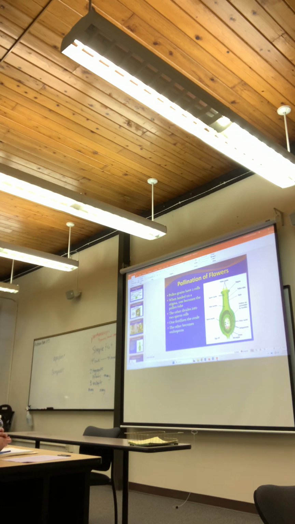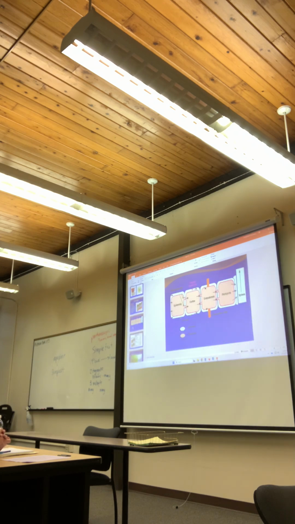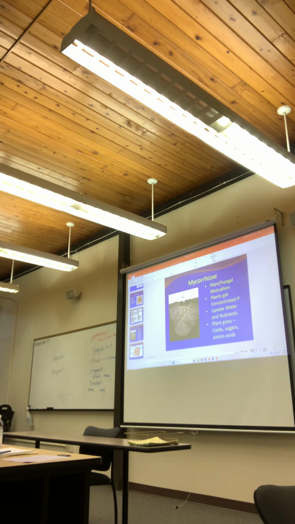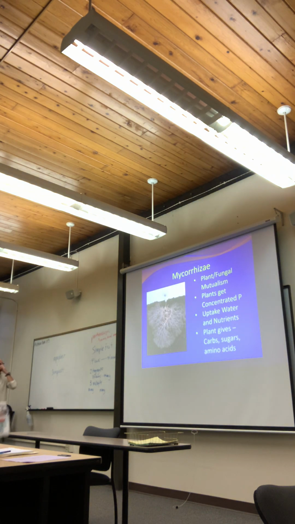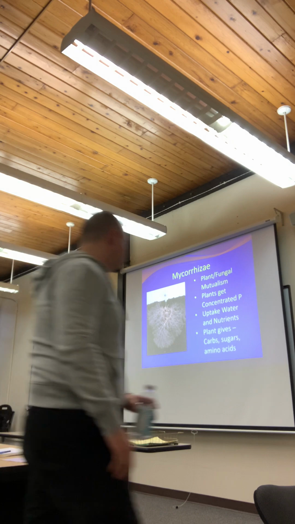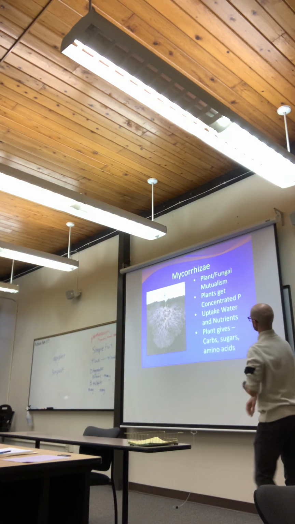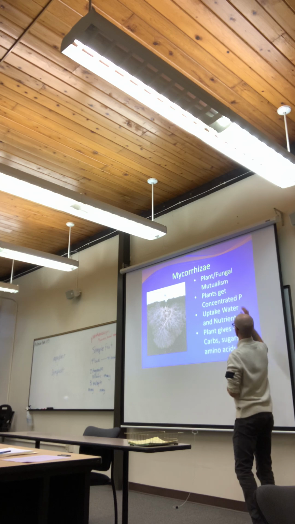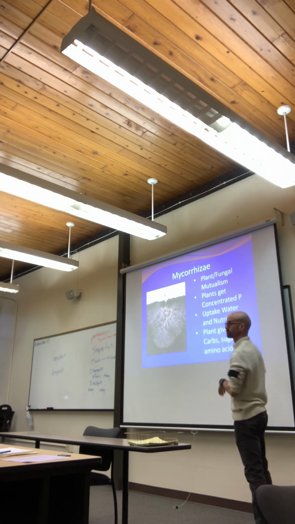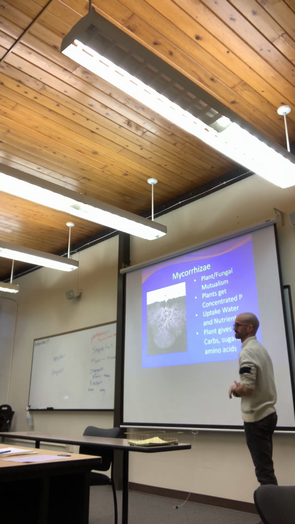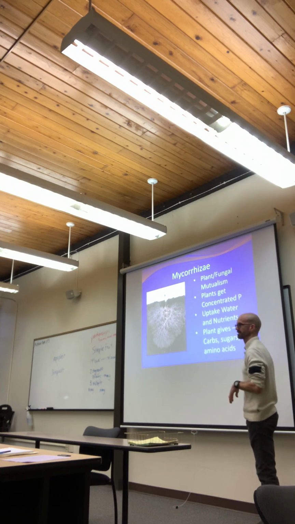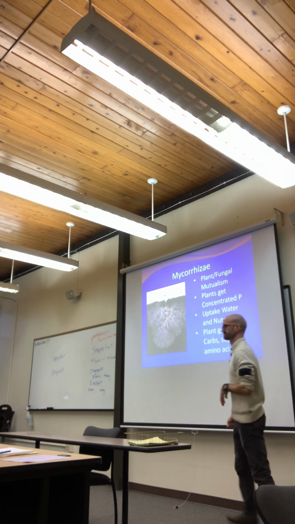Going back to mycorrhizae, would it be accurate to explain that as in exchange for foods from the plant, they help collect water, and nutrients in general, but specifically phosphorus? Yeah, if we're going to talk about mycorrhizae, let's be specific enough to say phosphorus, and then likewise what the fungus gets: carbohydrates, sugars, bigger molecules that it can't put together itself.